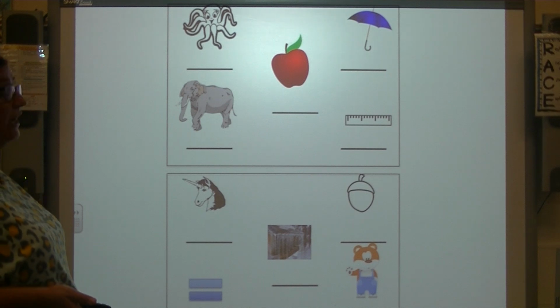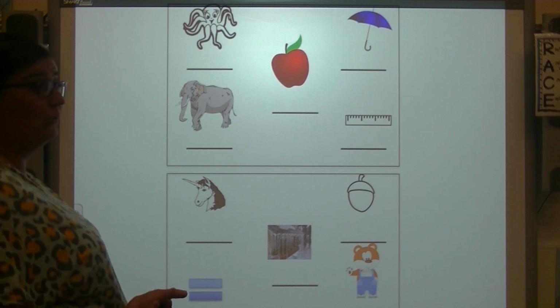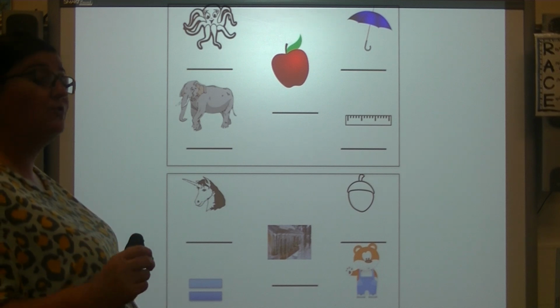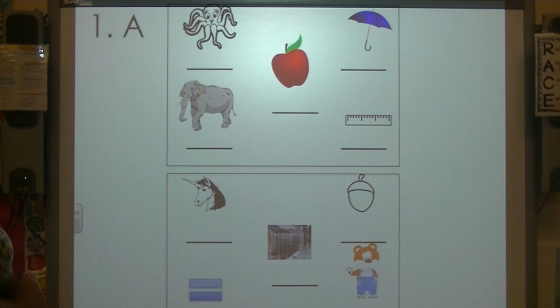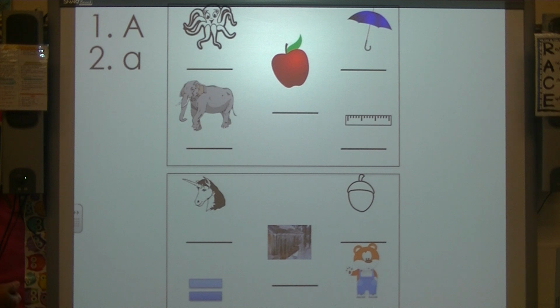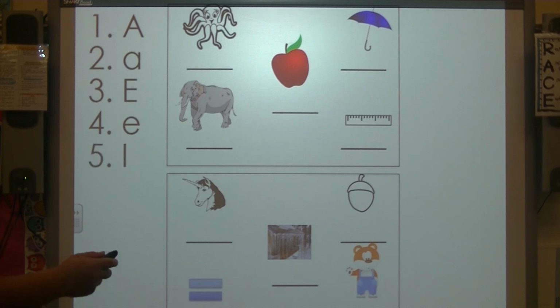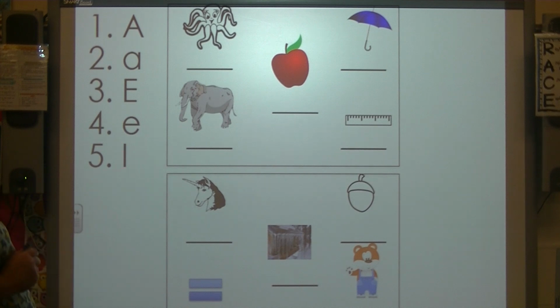All right, let's check your answers. All right, these can be in any order. It doesn't matter which order as long as you have the capital and the lowercase for each vowel. So I have capital or tall, big A, lowercase a, uppercase E, lowercase e, uppercase I, and I put my hat and feet on him, even though this font does not have it.